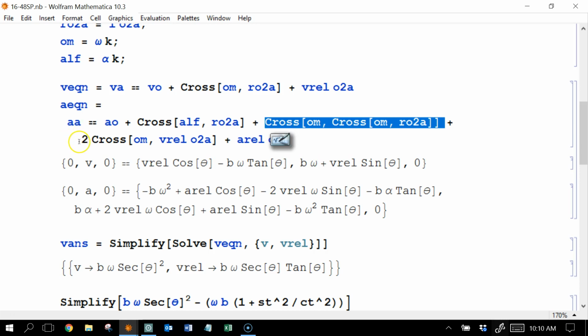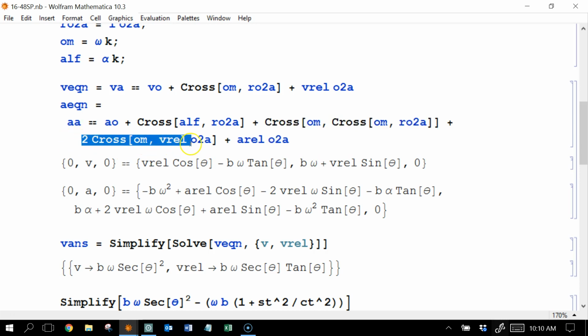And then because there are rel terms, there's two omega cross V rel. Notice that the V rel is a speed, which I don't know yet, but I'm going to solve for it, out the link, and then there's an A rel, which goes out the link. And so then we'll execute this one. I'm not sure I executed this one. Let me do that. Okay.